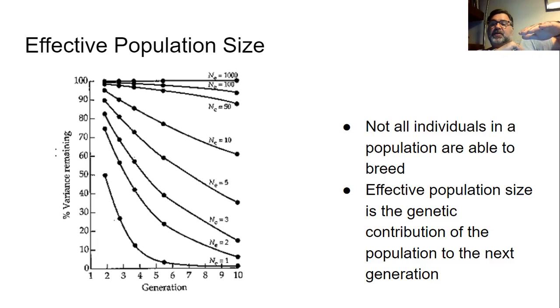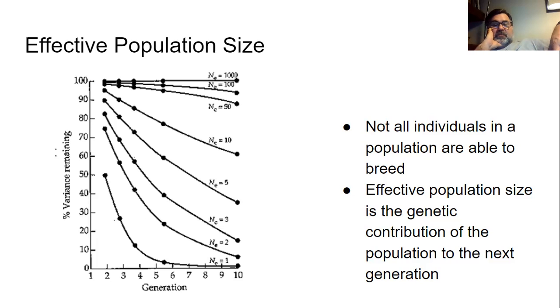And the smaller your effective population size, the more rapidly you decline. So you can see that if you start with five individuals, which is really low, you end up having only 40% of your genetic variation after only 10 generations. So this is not good.